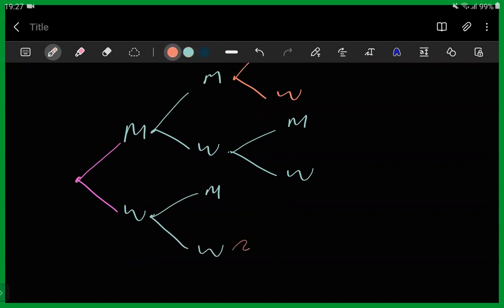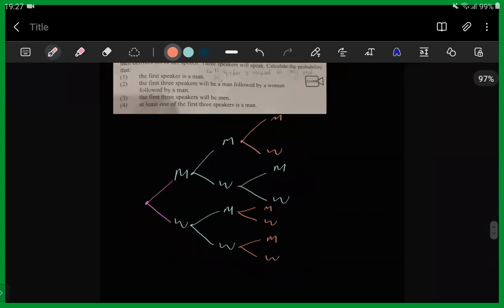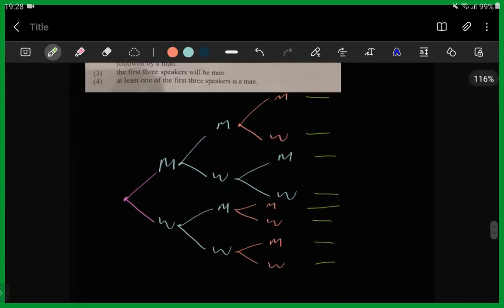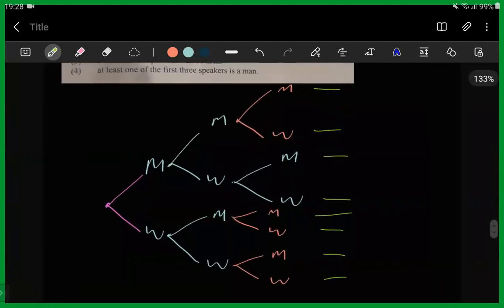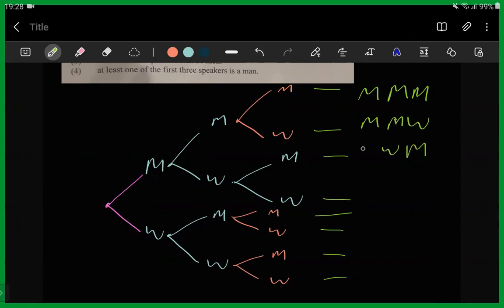You get it? Okay, male. There we go. So you now know that these are the outcomes. There are 1, 2, 3, 4, 5, 6, 7, 8 possible outcomes. So these 8 possible outcomes are man, man, man, triple M. Then man, man, woman, then M, W, M, and then woman, woman, man.